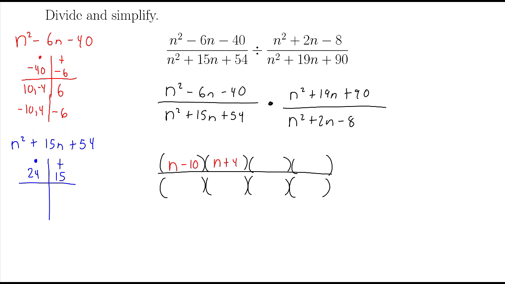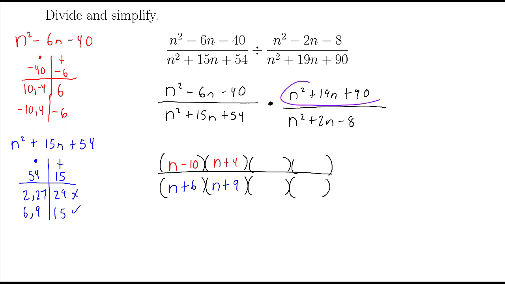Numbers that multiply together to be 54: 2 and 27. 2 and 27 add up to 29, so that's not good. We could do 6 and 9. 6 times 9 is 54. Those add up to 15. So we're going to have n plus 6 and n plus 9.